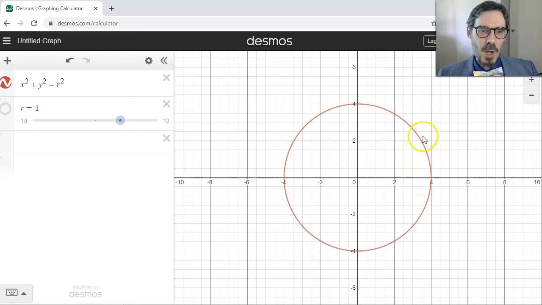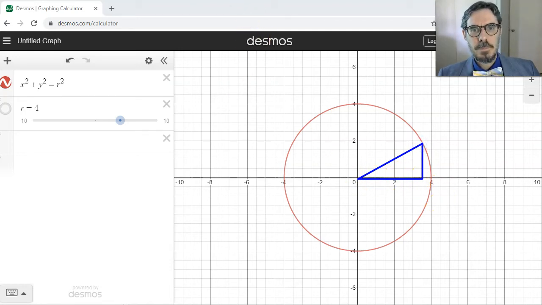But how do I describe any point on this plane? Well, I describe it with an x and a y coordinate. Now, let me just draw on here. So, if I draw a line from the origin out to any point out there, let me also draw a right angle to match.